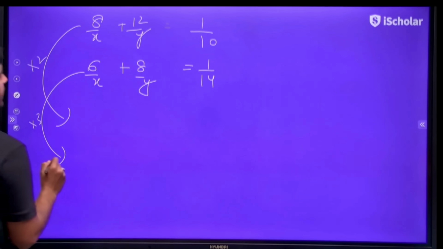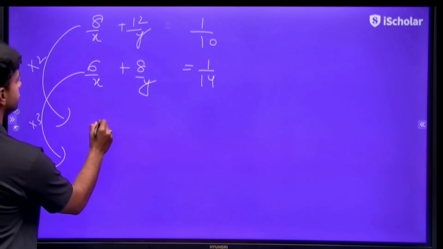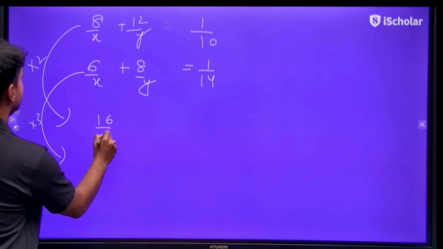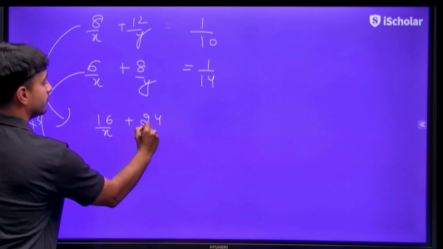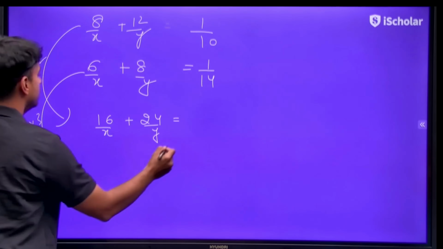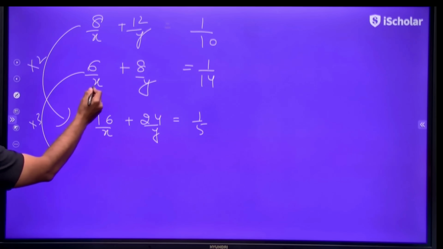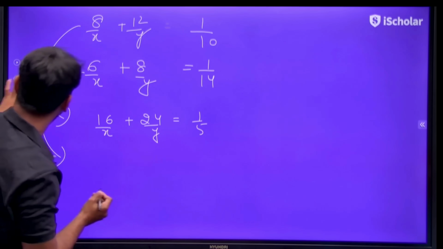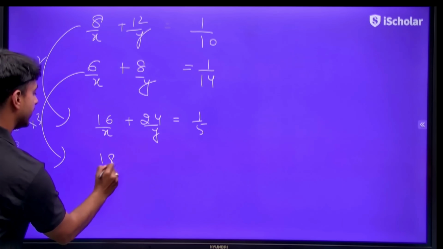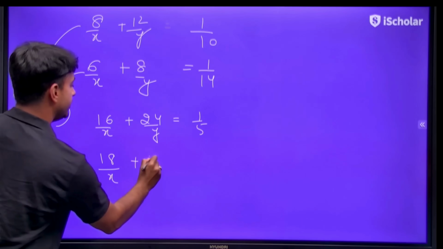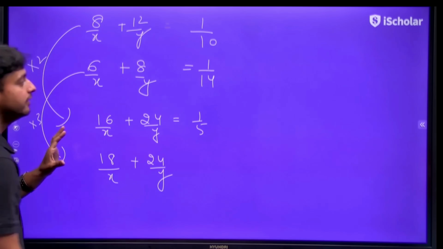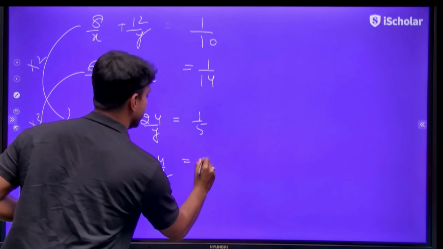So what will I get? I will get 16 upon x plus 24 upon y is equal to 2 over 10, that would be 1 by 5, and this will become 6 into 3, which will be 18 over x plus 24 over y, that's what we wanted, and that would be equal to 3 by 14.